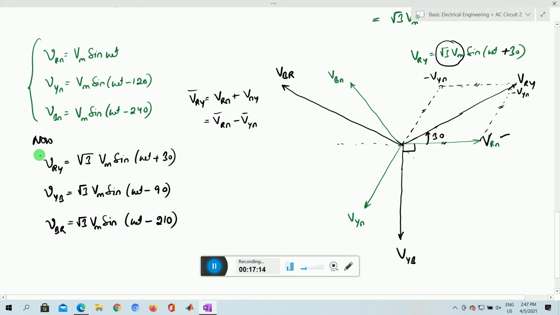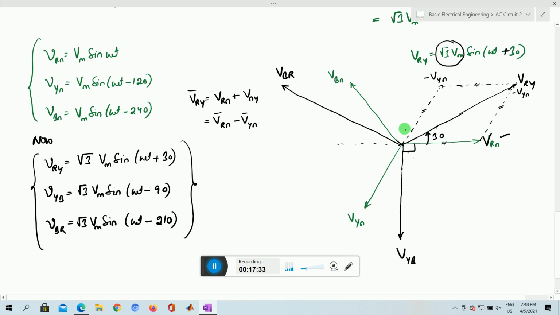Like that you can have VRY, VYB and VBR. So you can derive the equations of the line voltages by adding the equations. Also with the help of the phasor diagram, you can get the magnitude of line voltage and phase voltage.